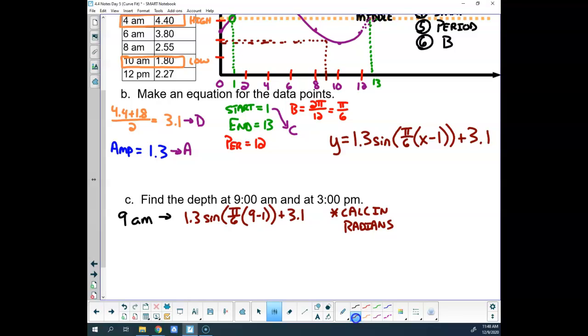1.3 times the sine of, open parentheses, pi over 6 times 8. We can just do 8 there. And then plus, syntax error. Syntax error.